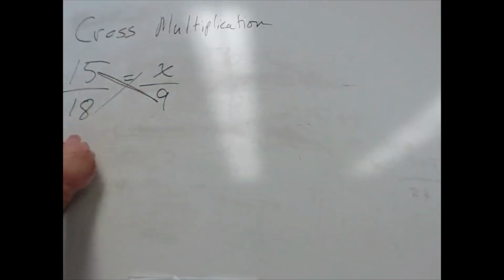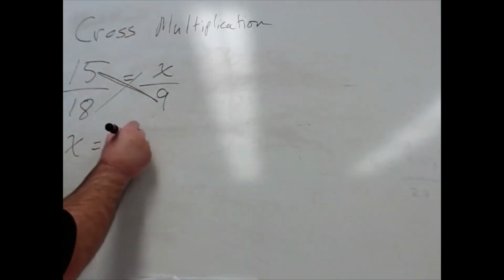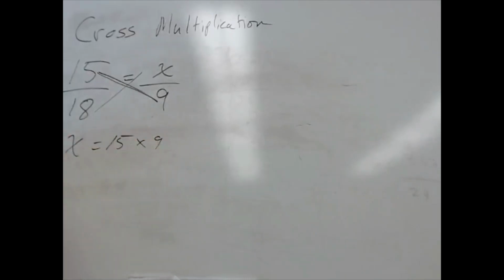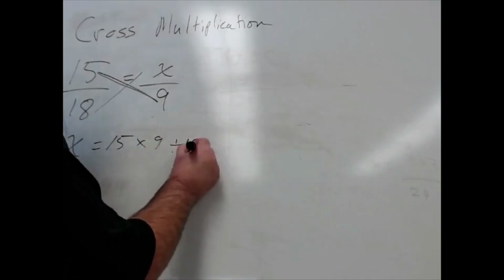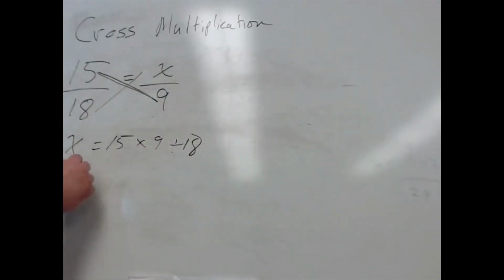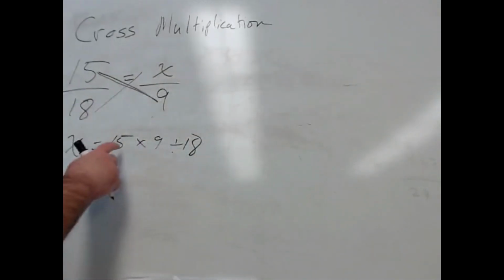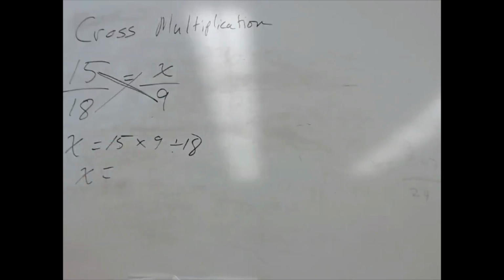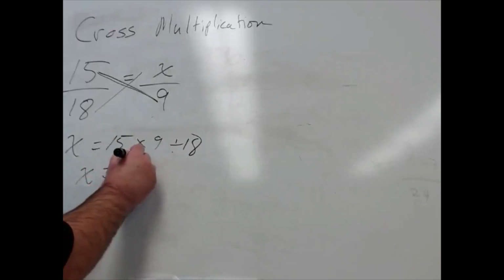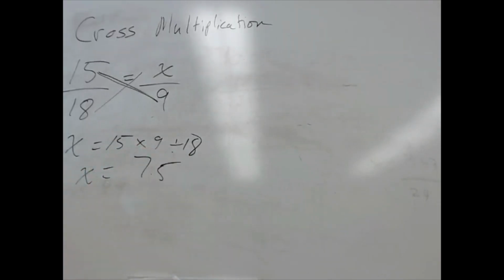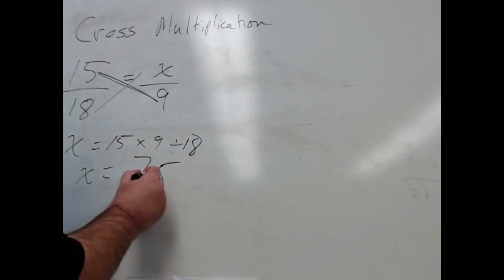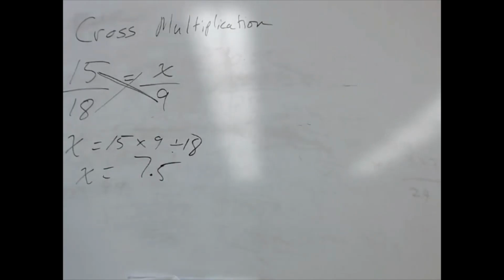So I've got x is equal to 15 times 9. And then the number that's left over is the 18, so I divide by the 18. So 15 times 9 is 135 divided by 18, so 7.5. This just shows you that your answers can come out as decimals. It doesn't happen all the time, but sometimes it does, and that's okay.